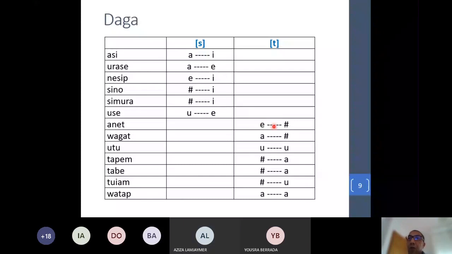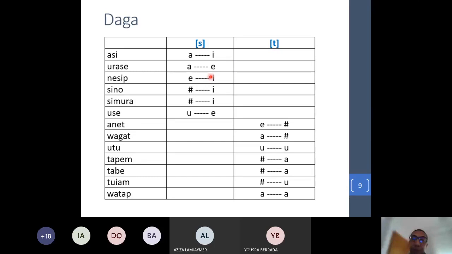The important thing when you use this method of columns to write down the separate environments is to have a look at the right environment first, and see whether this right environment is the same for both.